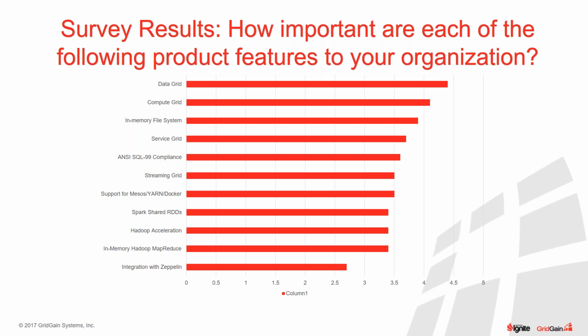Okay, so we then asked, how important are each of the following product features to your organization? What leads here is Data Grid, which is where we have our distributed data cache. Compute Grid is a parallel processing engine. The in-memory file system. Service Grid.